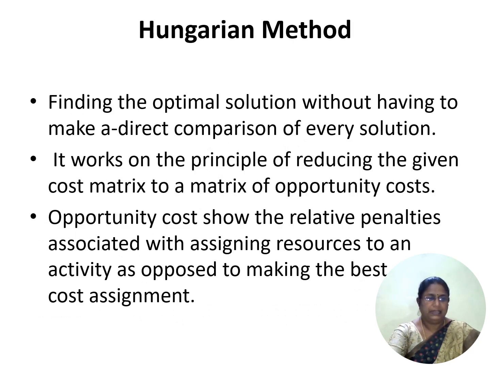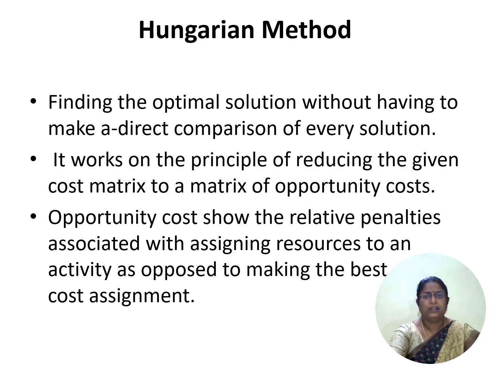Now the Hungarian method. The Hungarian method of assignment provides an efficient method of finding the optimal solution without having to make a direct comparison of every solution. It works on the principle of reducing the given cost matrix to a matrix of opportunity cost.